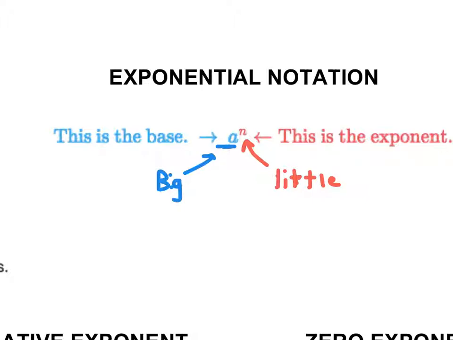Now remember what an exponent does. If I were to have something like 2 to the third power, then that means that I'm taking 2 times 2 times 2. So the exponent tells how many times you're multiplying the base by itself. So let's write that over here.